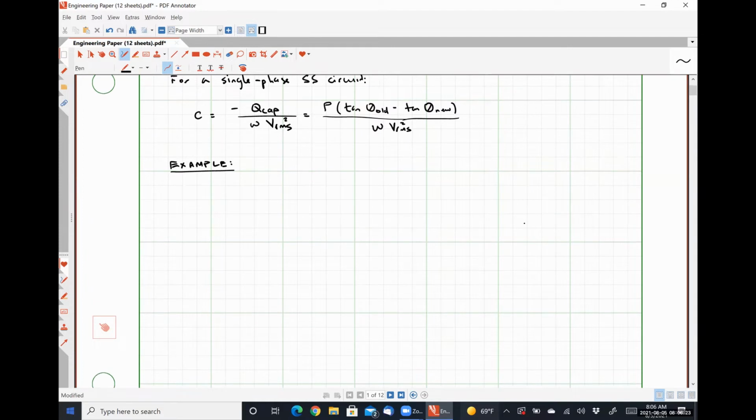Let's say that I have a balanced three-phase source where we have a line-to-line voltage of 400 volts RMS at a linear frequency of 50 hertz.